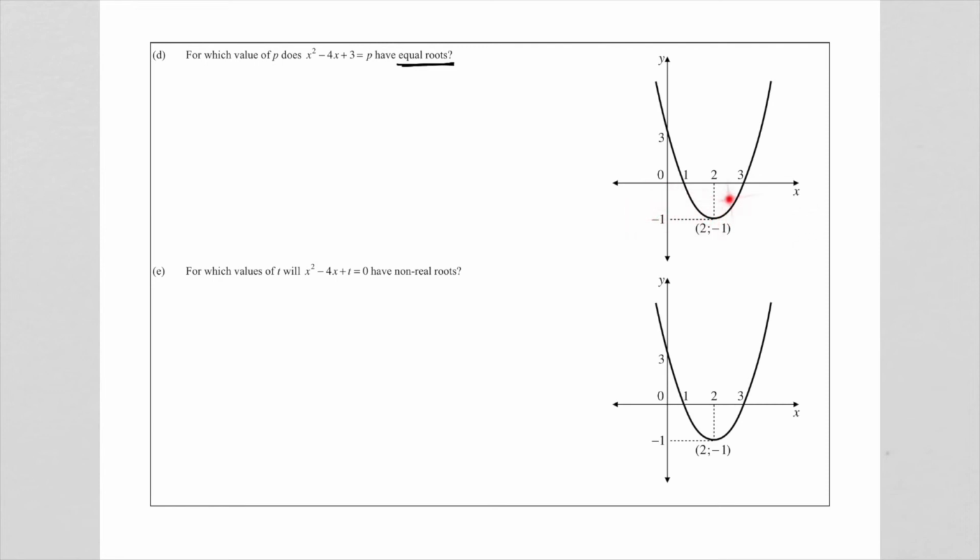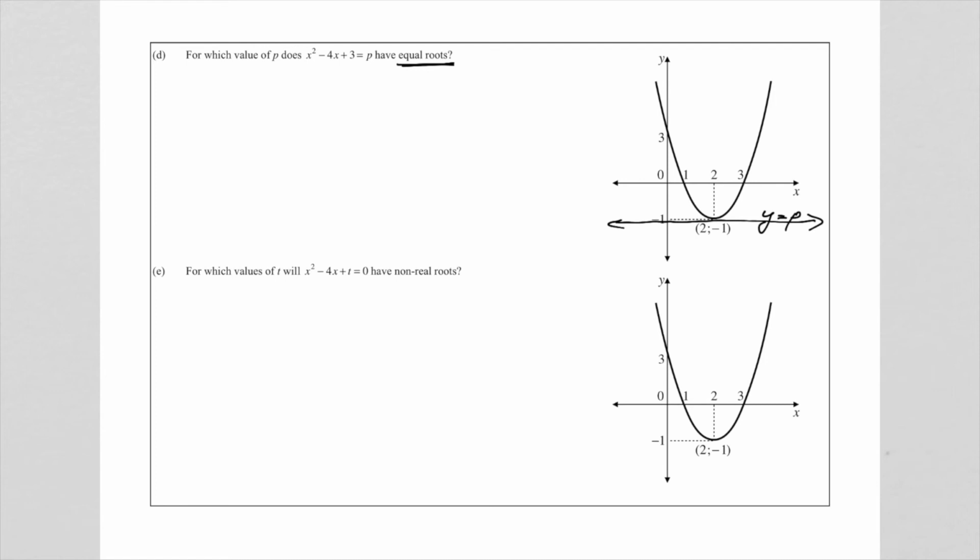In the previous one, we said we must draw the horizontal line above the turning point. Then we will get two distinct roots. If we draw it at the turning point, we will only get one root. So we're going to draw the horizontal line right at the turning point, and this will be the line y equal to p. And the question is, what is the value of p?